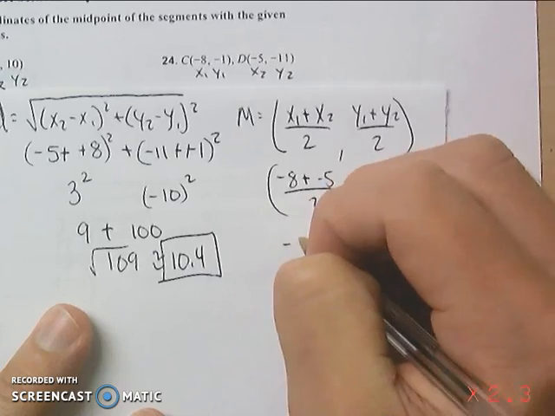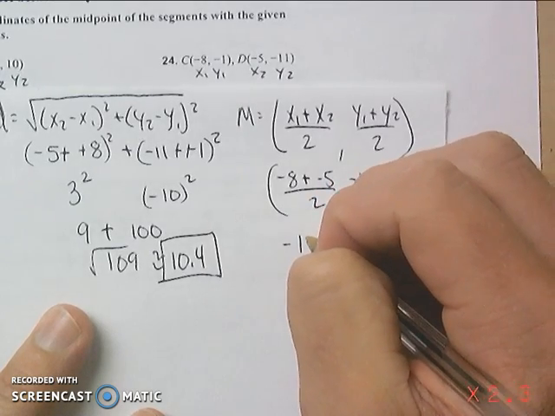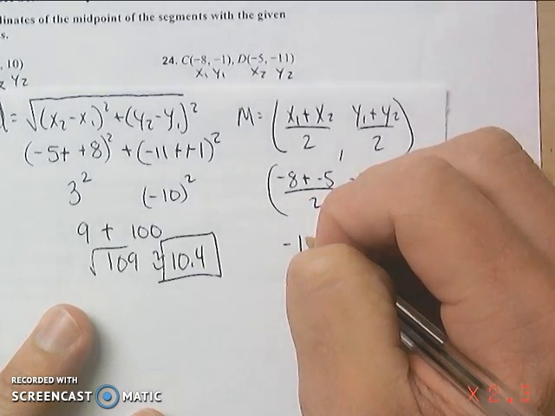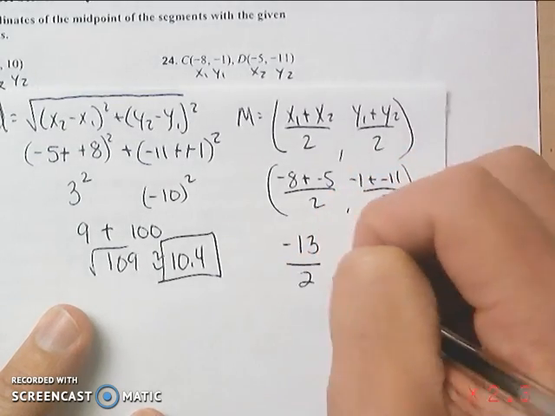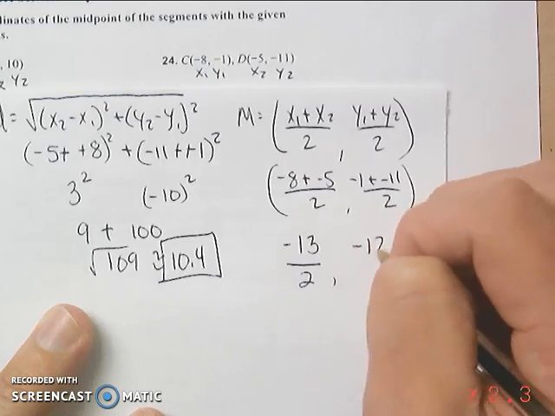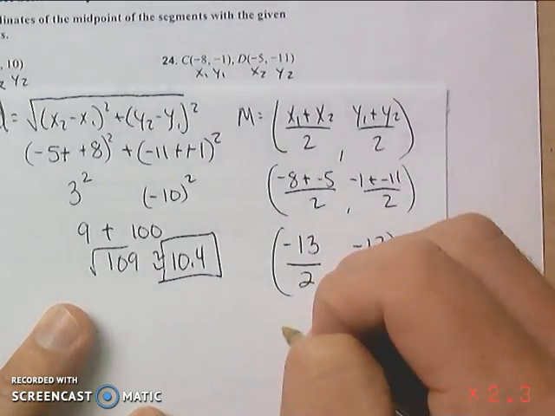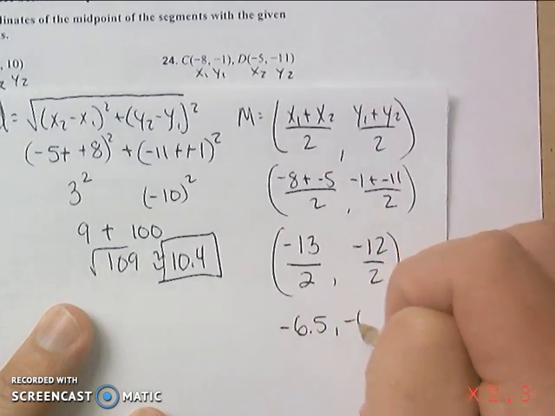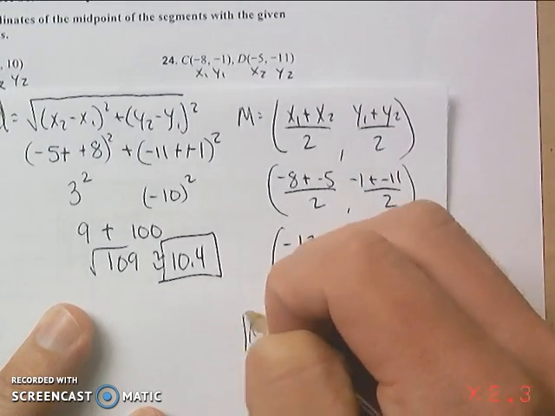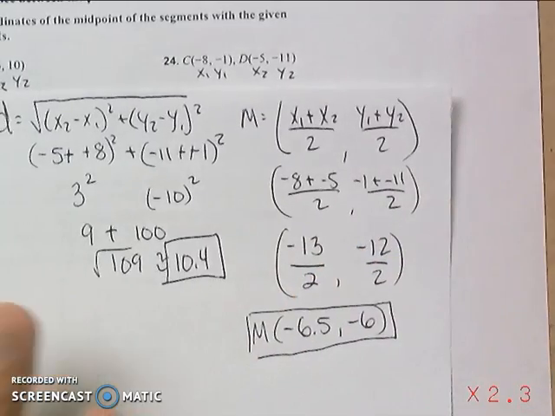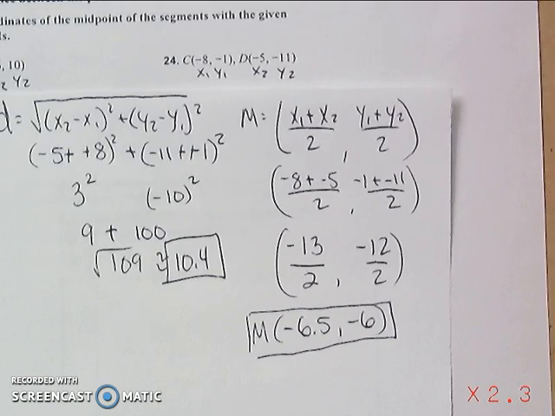So I get a negative 13. I don't know why that took me so long. And this is going to be a negative 12. And then that will break down to negative 6.5 and negative 6. Okay, so again, nice and simple. We just got to make sure we're very careful with our numbers when we're putting them in.